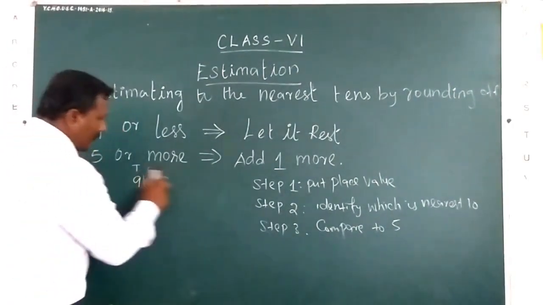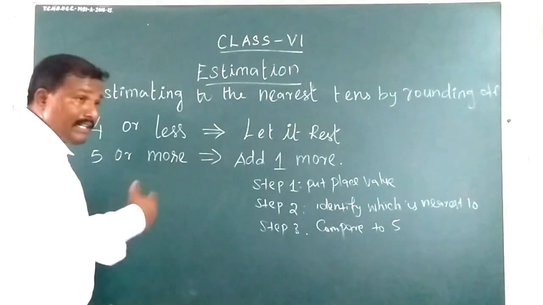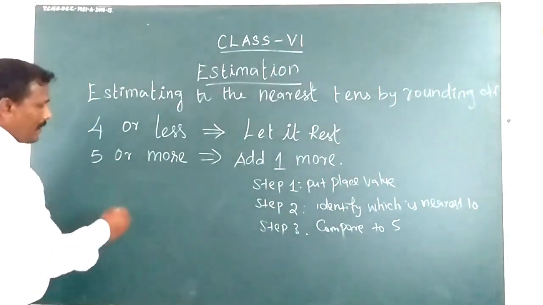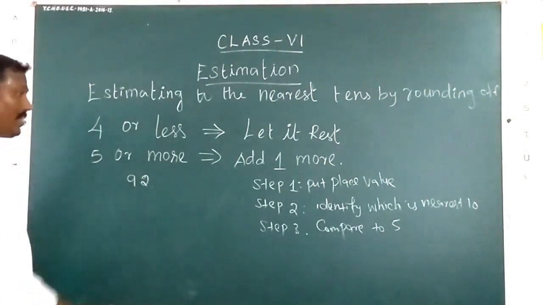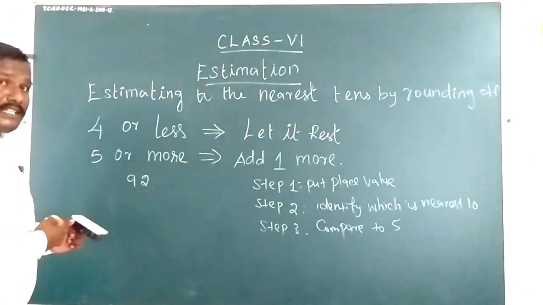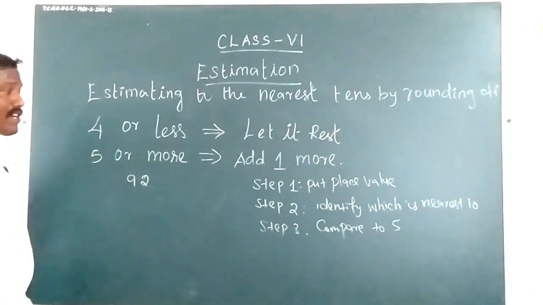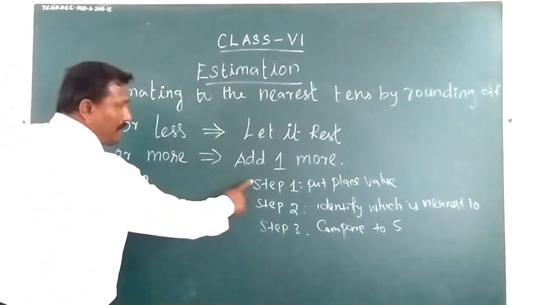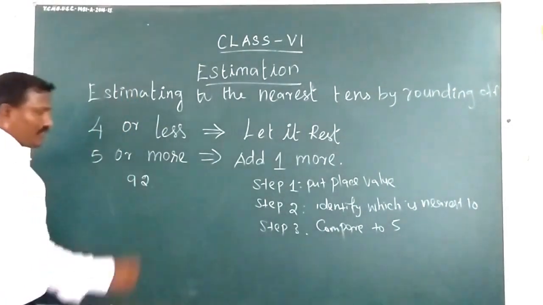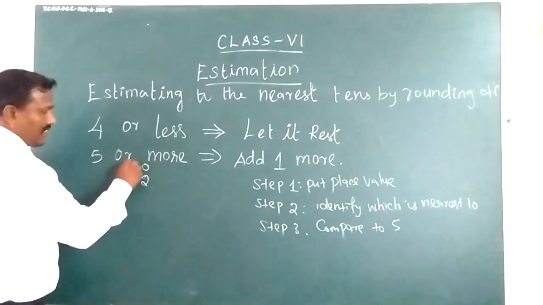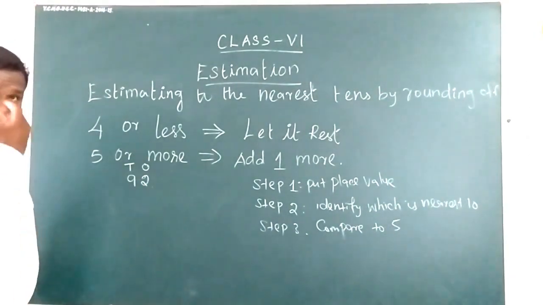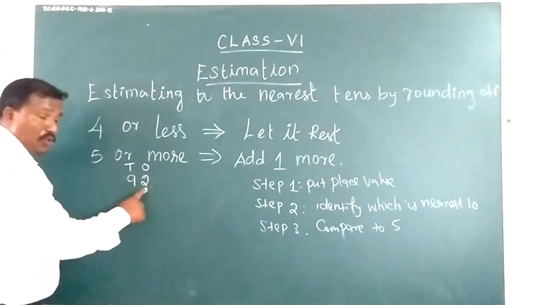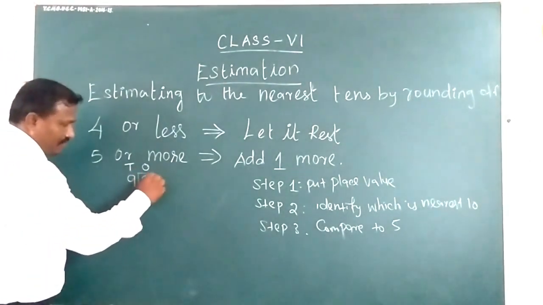Next, let me take another example: 92. If you round off to the nearest 10, what will come? First step, put the place value: ones, tens. Second step, identify the nearest 10 digit: 9.